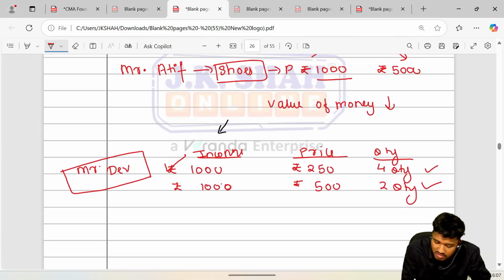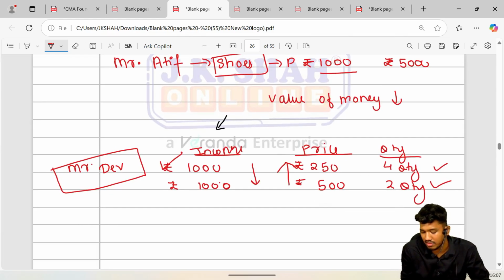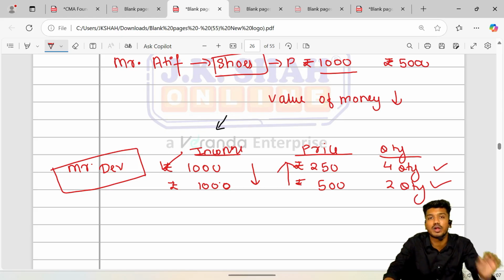So basically, as the price increases, the value of money decreases. Previously 1,000 had the ability to purchase 4 quantity. Now rupees 1,000 has the ability to purchase only 2 quantities. So that is how it works out.